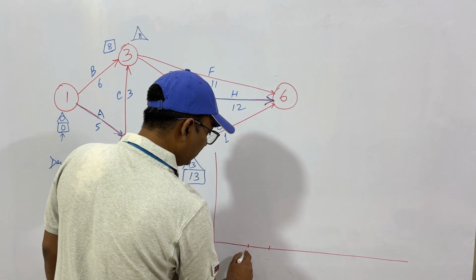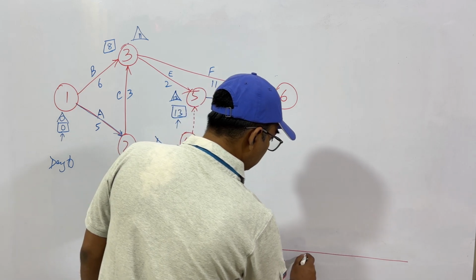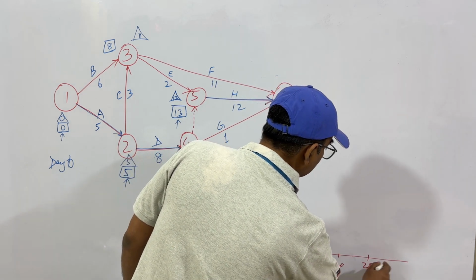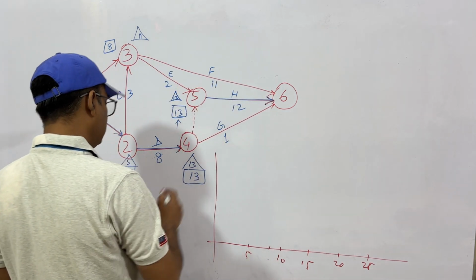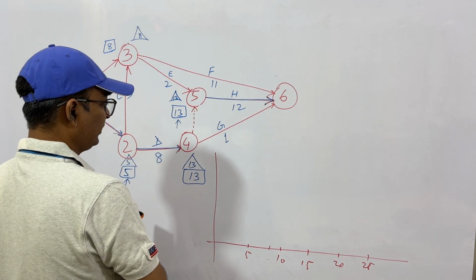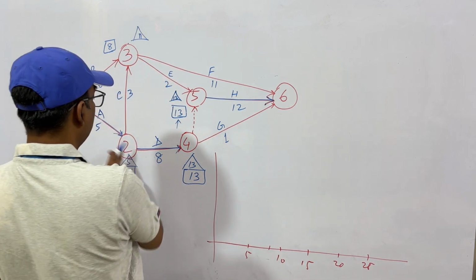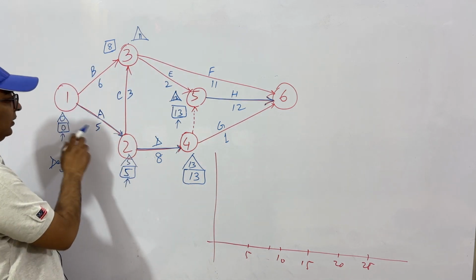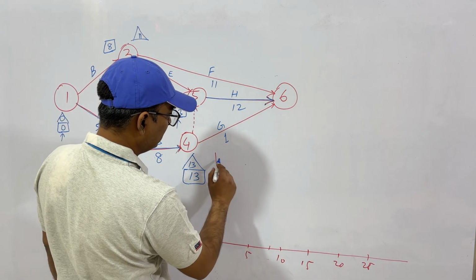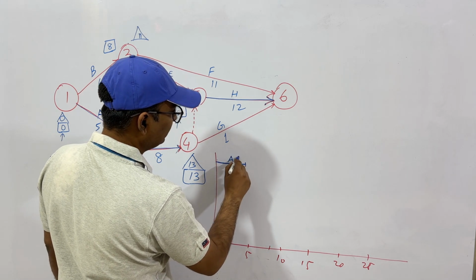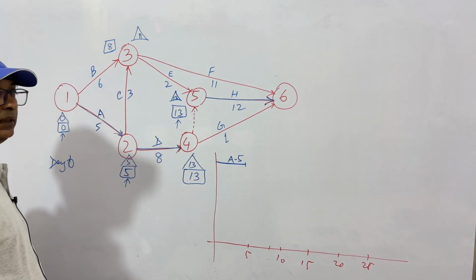So let this be 5, 10, 15, 20, 25. These are number of days. Okay. And these are the activities. So we'll start with activity A. So 0 to 5, we have to complete it. Activity A, 0 to 5. So let's say this is the first activity. This is A. This is put in solid type.